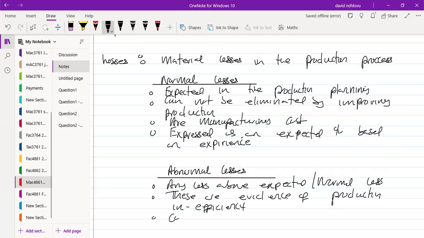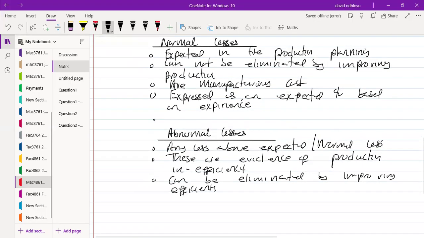These can be eliminated by improving efficiency. So if you are using old machines, which are now not working properly and are causing you to lose your raw material, you can buy new machinery. You can maintain them better, and it will eliminate or improve the abnormal losses.